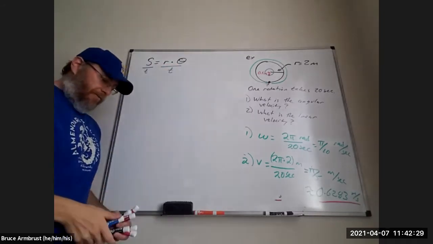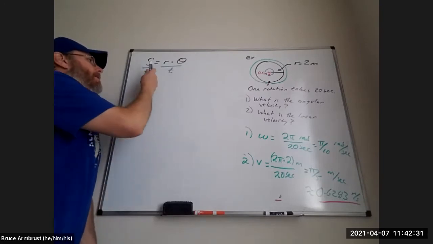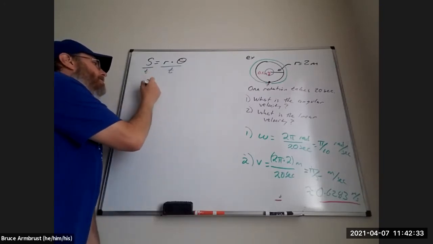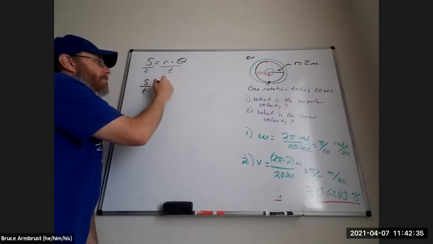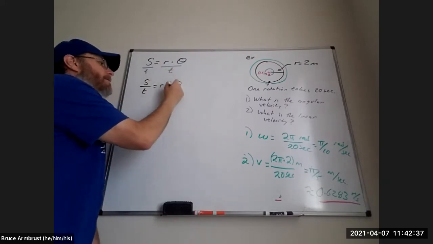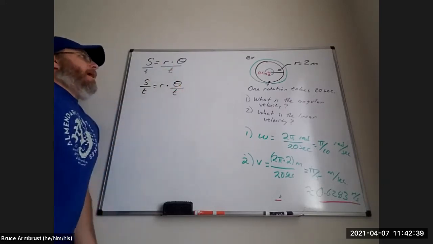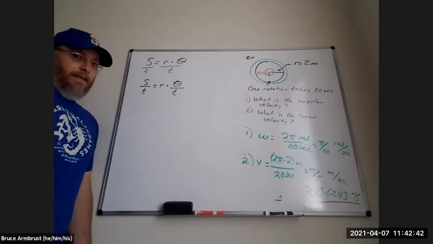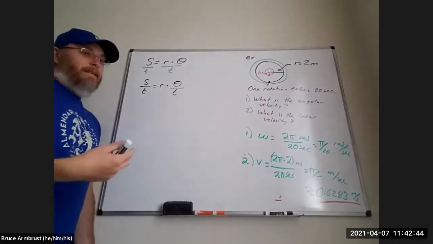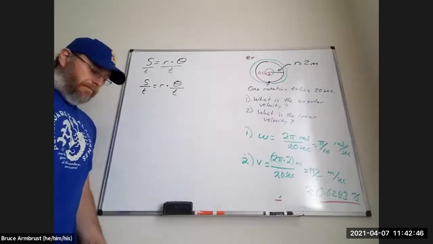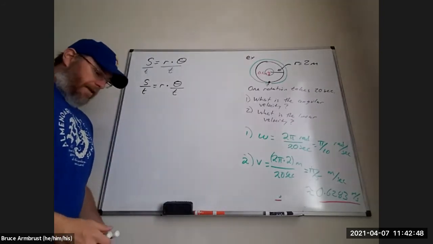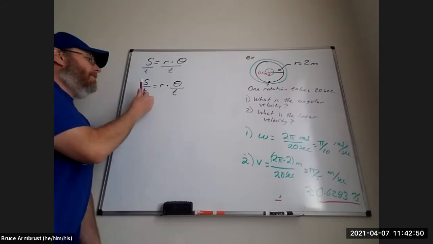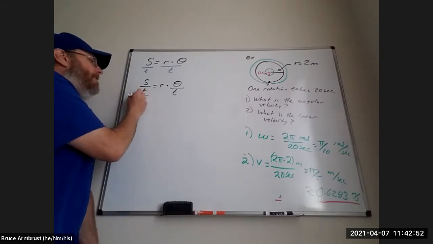You'll see why real quickly. So on the left, we've got S over T, and on the right, I'm just going to rewrite this as R times theta over T. Basically, I'm just factoring out the R.